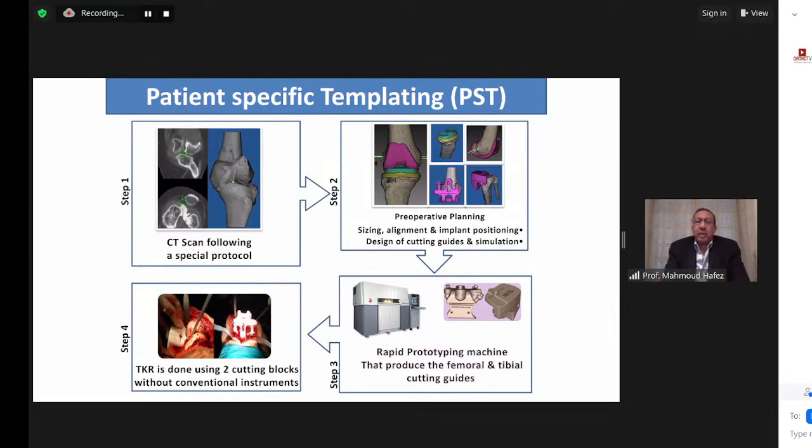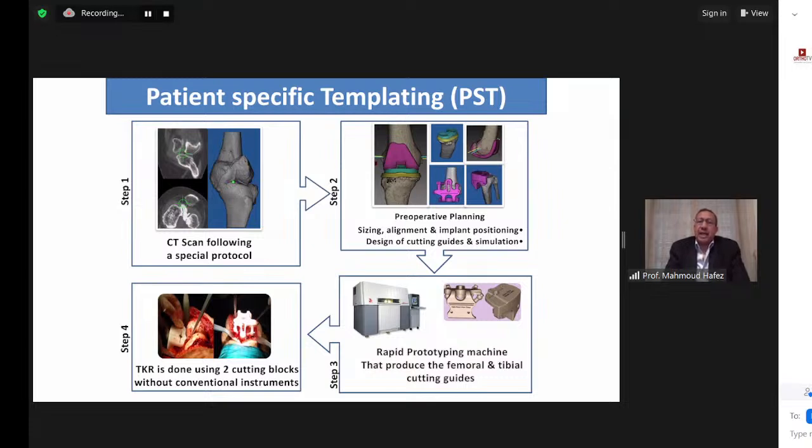So now we're coming to another technology called patient-specific instrument or templating, as I introduced, and this technology depends on 3D printing. So how does it work? First of all, we have a CT scan for the patient.